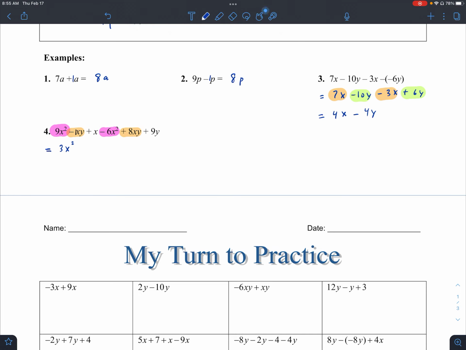And now we're also going to collect the xy's as well. So negative 1 plus 8. So you're just collecting the coefficients. So negative 1 plus 8 is going to be 7. You're basically taking 1 away from 8. So that's going to be plus 7xy.